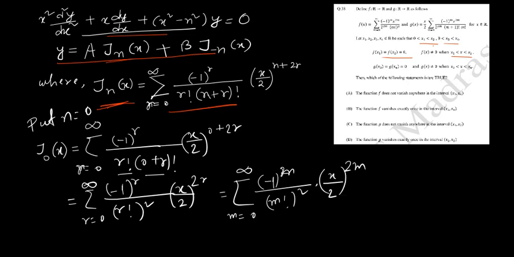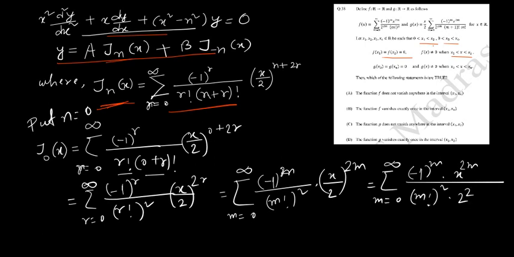This equals summation m equals 0 to infinity of (-1)^m x^(2m) by (factorial m) whole square into 2^(2m), and this equals f(x).